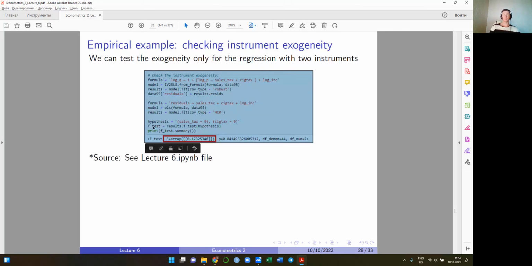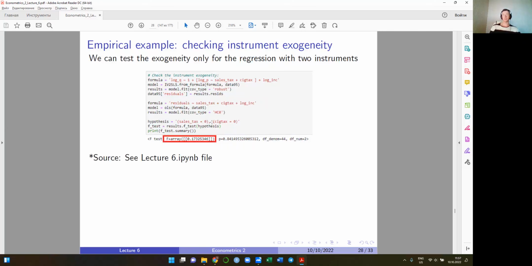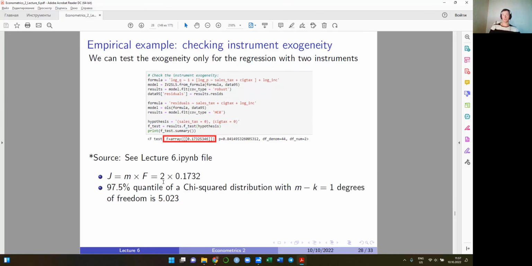Finally, we test the joint hypothesis that both coefficients on sales tax and cigarette tax are 0, and we get the following F statistic, 0.17. Now we multiply this 0.17 by 2 instruments, and we need to compare this J statistic with the 97.5 quantile of the chi-square distribution, which is 5. So this is something like 0.34.